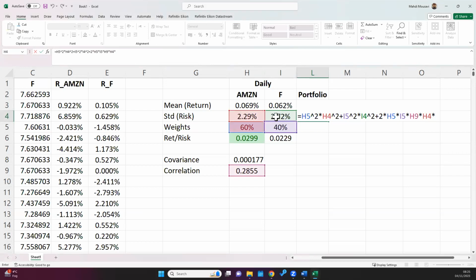Standard deviation of Amazon times the standard deviation of Ford.